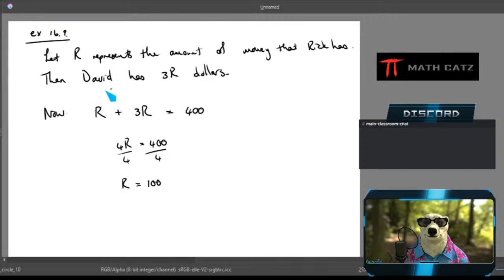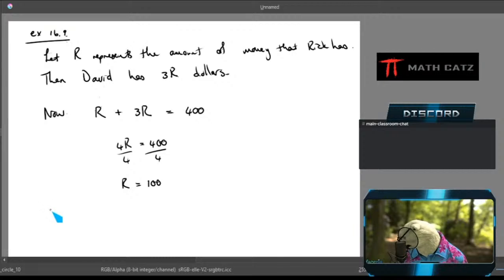So I look at what the equation requires, and then I act accordingly to figure out what the value of the variable is. So on the mathematical side, I only have an R, and it's 100. I now have to interpret that to make sure I answer the question that they had. And they want to know how much does each person have.